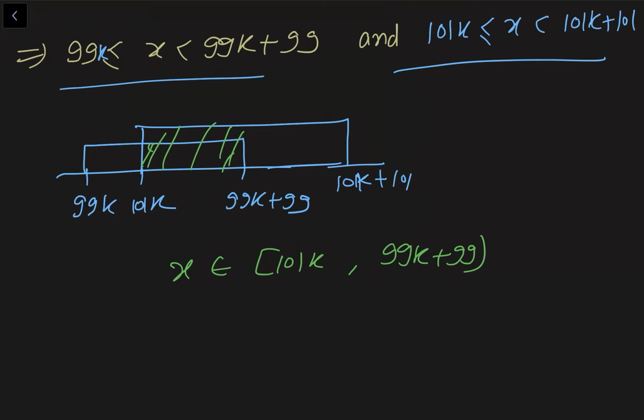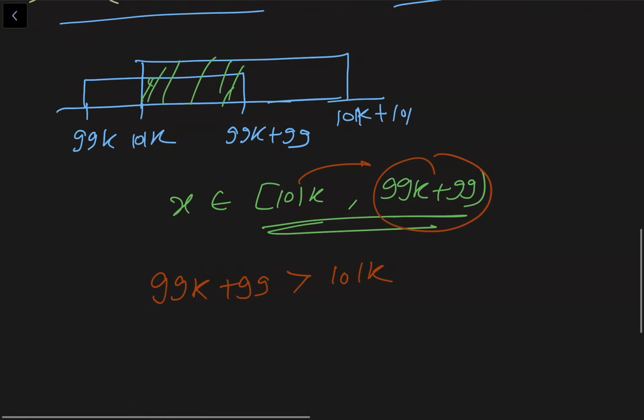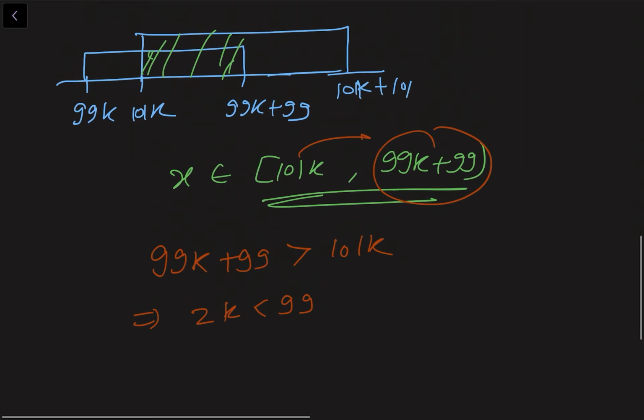But this has meaning only when 99k plus 99 is greater than 101k. So 2k is less than 99, or k is less than 99 by 2.